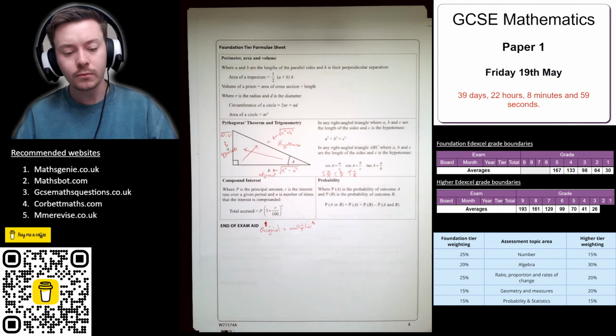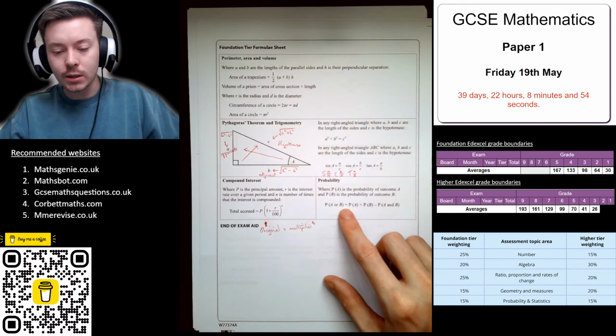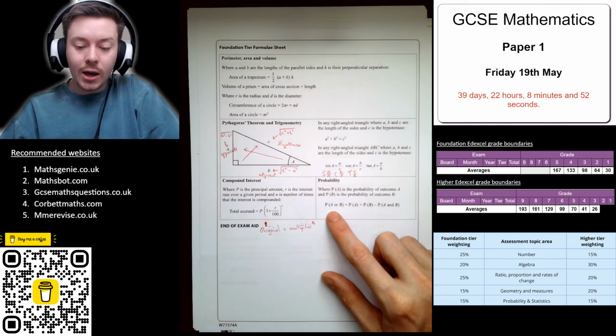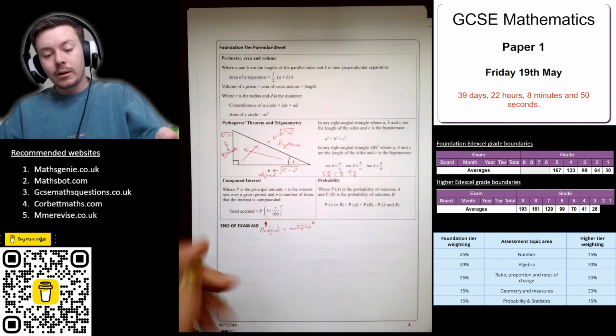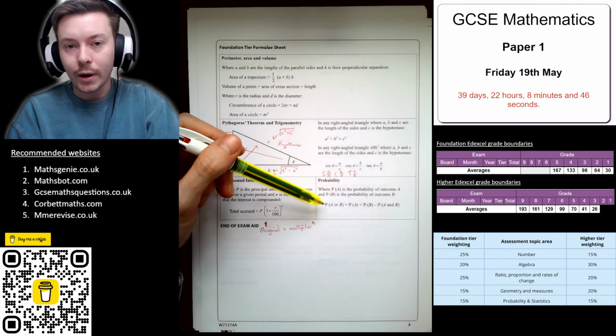Now the next bit here is probability, and actually these probabilities, in terms of probability of A or B, I wouldn't say this is the most useful in the way it's written down.